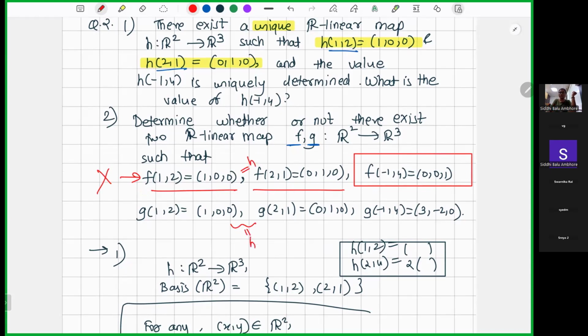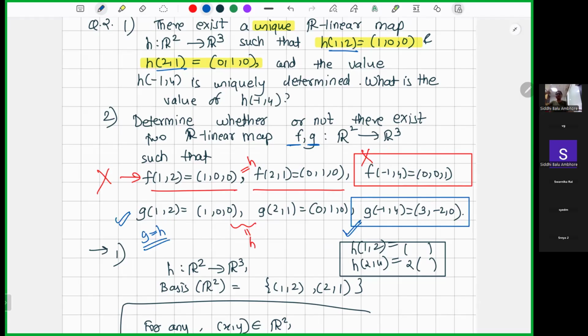Because here also h of 2, 1 comma 2 is 1, 0, 0, and here this is happening. So this is true. This is correct and this is not. So this one is not a linear map. So f does not exist, g exists. G is precisely h. G is in fact h. Is this okay?